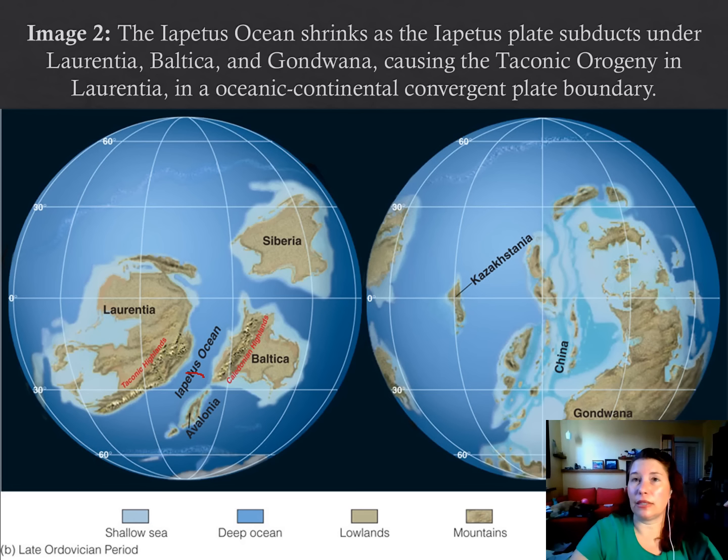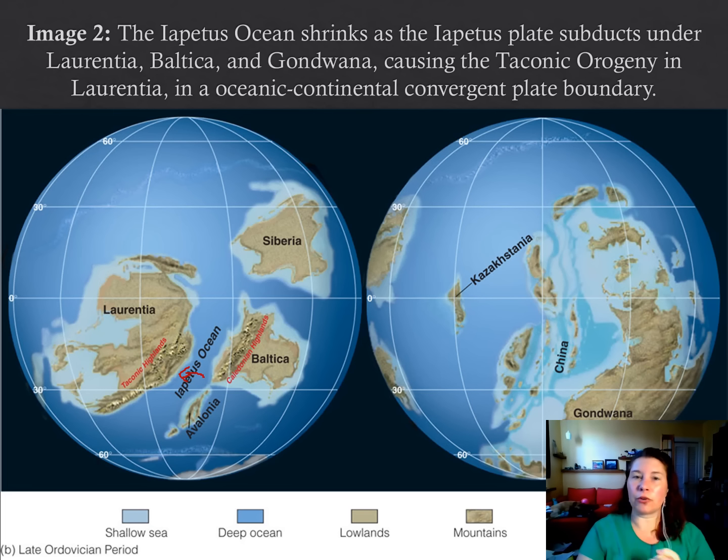Caledonia basically is the Roman word for Scotland. So the Caledonian Highlands are going to end up creating much of the British Isles, including the Highlands of Scotland. But we have some subduction taking place, so the Iapetus Ocean is going to completely close as this oceanic plate dives down below Laurentia. Again, this is North America. We're creating now the Taconic Orogeny.